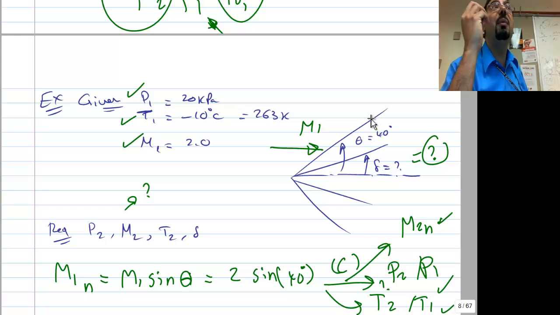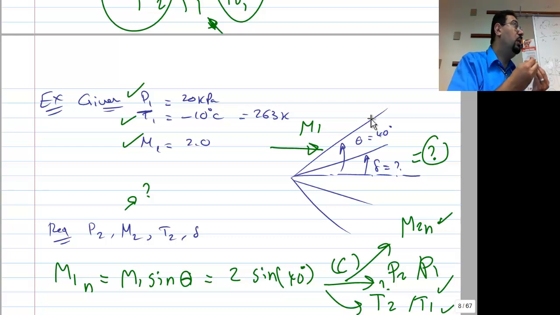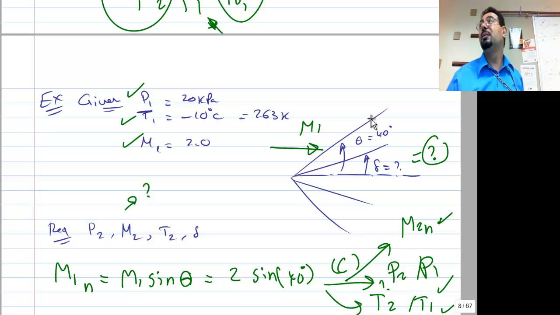So really, here is the key message that you need to remember today: knowing theta and M1 turns the oblique shock problem into a normal shock problem, because it puts your hand on M1 normal.